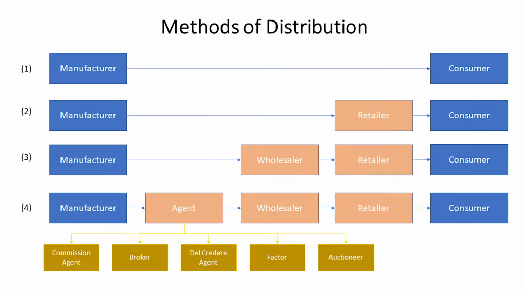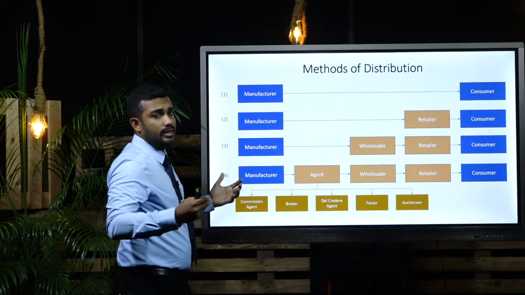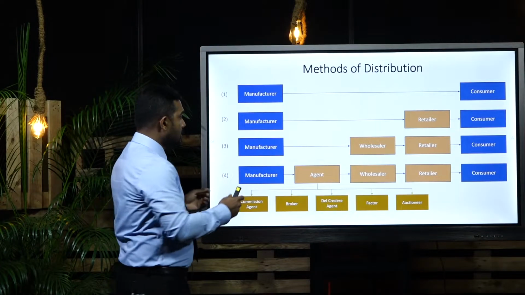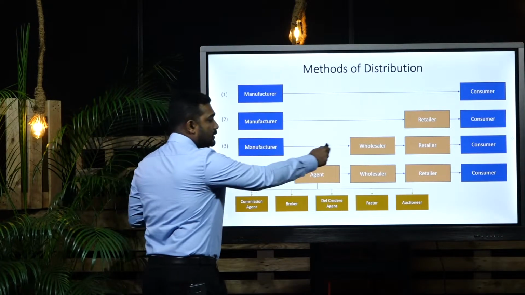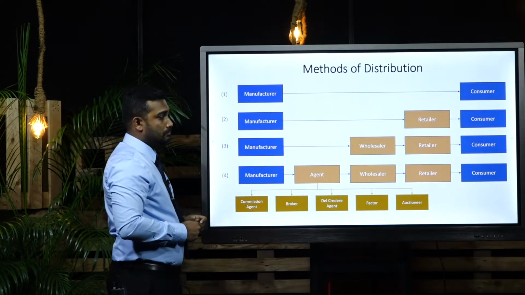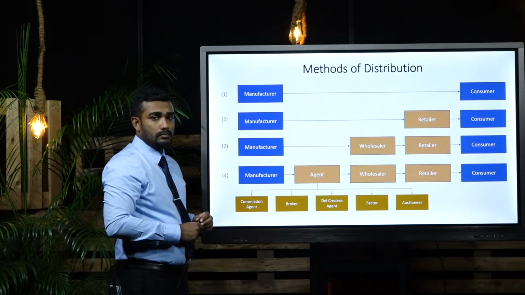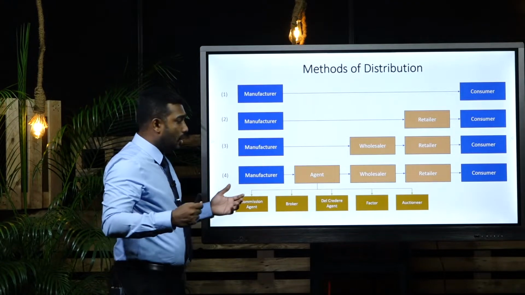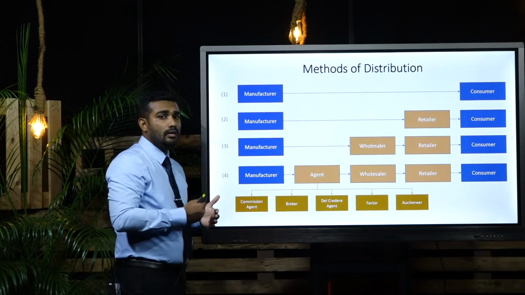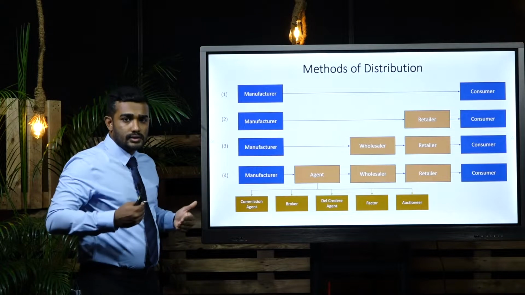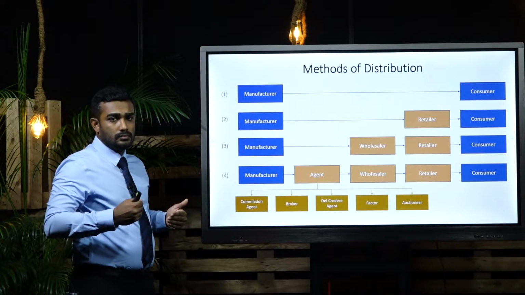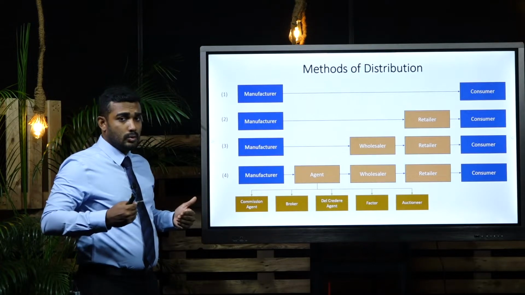Now, in the real world also there are so many examples under this particular distribution channel. Let me take one. How do you get rice? How do you get cement mostly?